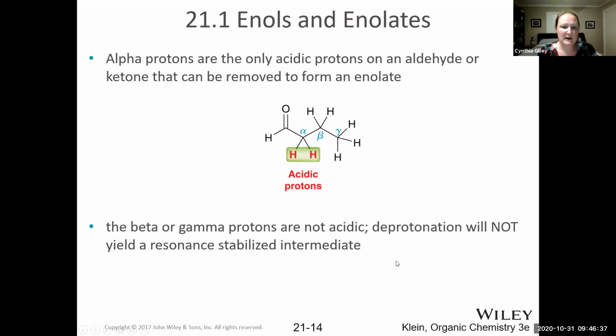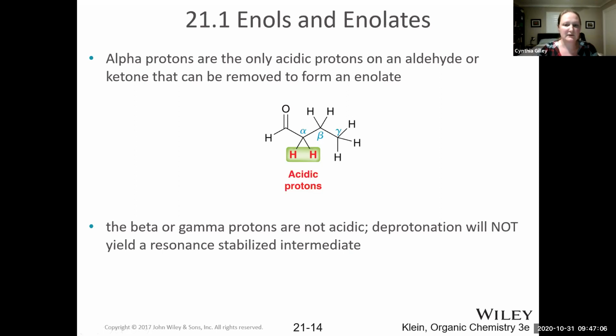Recall that we talked about the alpha carbon, the beta carbon, and the gamma carbon. All of those carbons may have hydrogens attached to them. However, only the alpha protons are acidic. And that's because removal of one of these alpha protons results in an enolate, which is a resonance stabilized conjugate base. Recall that resonance stabilizes structures.